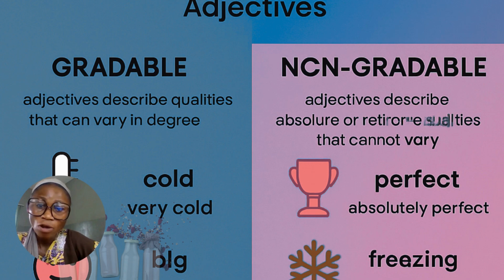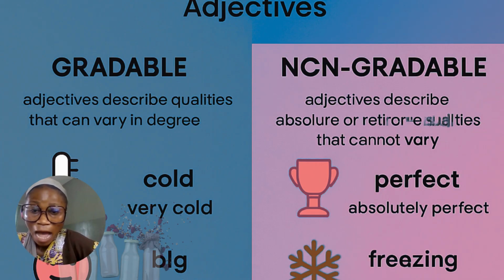So let's go to non-gradable adjectives. Non-gradable adjectives are adjectives that describe what? They describe absolute or extreme quality. They cannot vary in degree. We can't use adverbs of degree like very, quite with them.